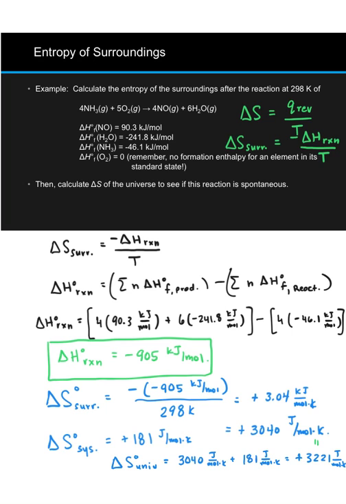According to this result and the second law of thermodynamics, the universe is happy with this end result. We say, since the change in entropy for the universe for this reaction is greater than zero, the second law of thermodynamics tells us that this reaction is spontaneous. It will happen all by itself without the need for any outside intervention.